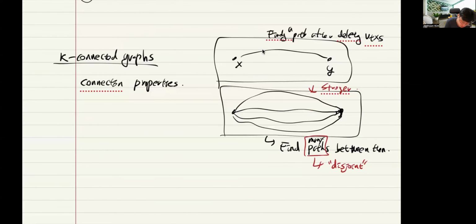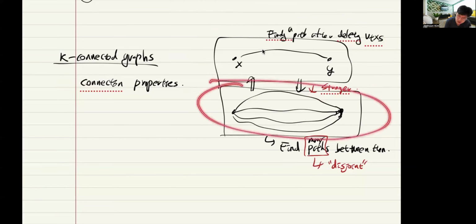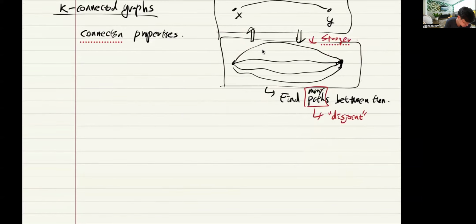So as I mentioned, this implication is easy, and we also want to show the other implication. This was the definition of K-connectedness, but we can actually use it in this possibly more useful, upgraded form. So that's what we want to prove.